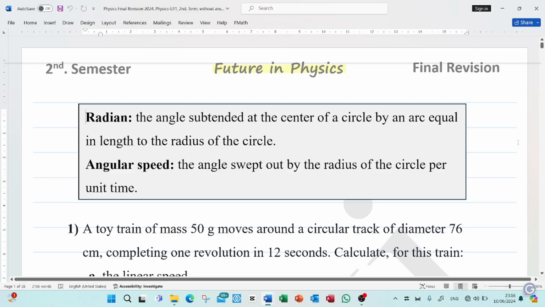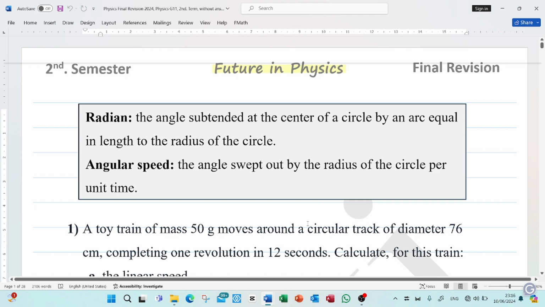Hello everyone, in this video I will do the final revision. It is the same as the final exam. The first part of the exam is about circular motion.